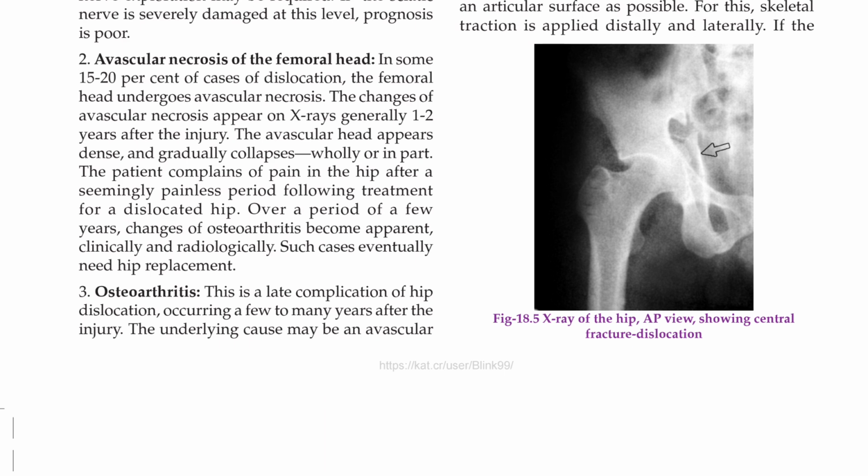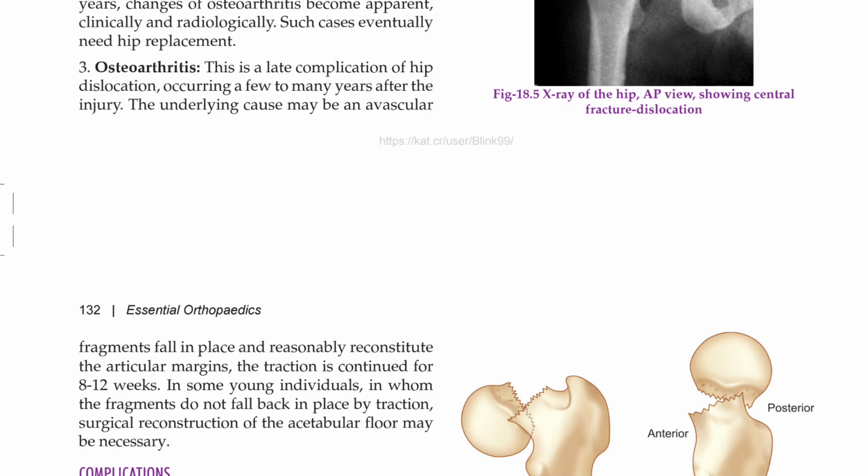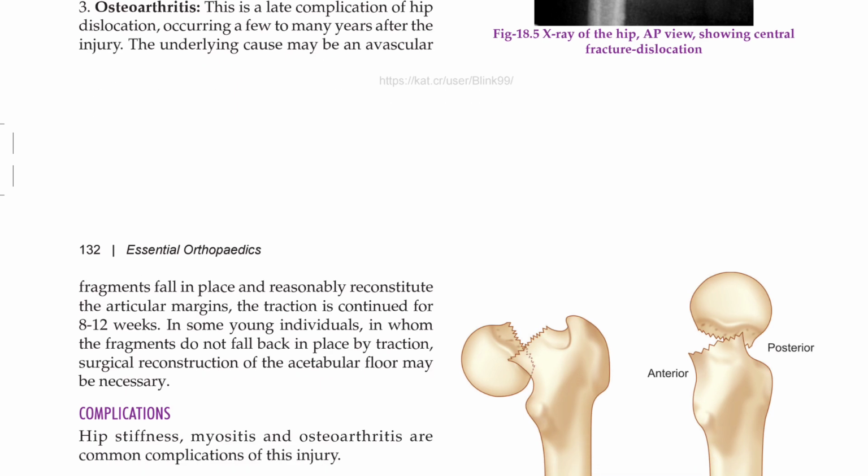If the AP X-ray shows central fracture dislocation and the fragments fall in place and reasonably reconstitute the articular margin, the traction is continued for 8 to 12 weeks, that is 2 months to 3 months.